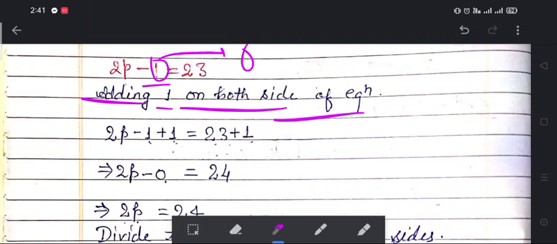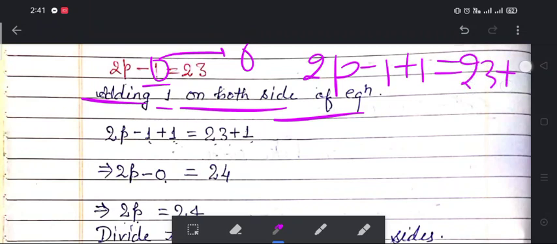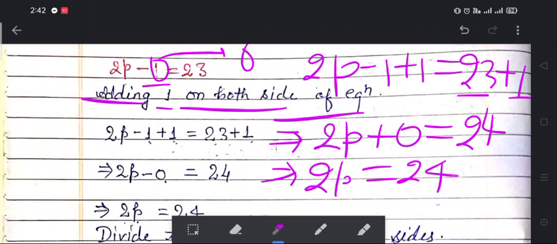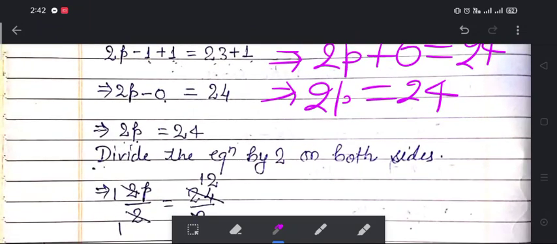When we add 1, we get 2p minus 1 plus 1 is equal to 23 plus 1. So we get 2p, and minus 1 plus 1 becomes 0, and here we get 23 plus 1 as 24, so 2p is equal to 24. Now in the next step we can see that here 2 is multiplied by p.